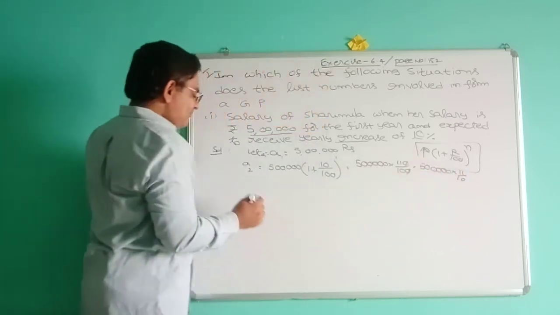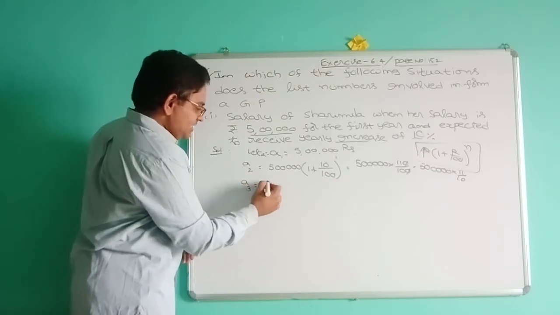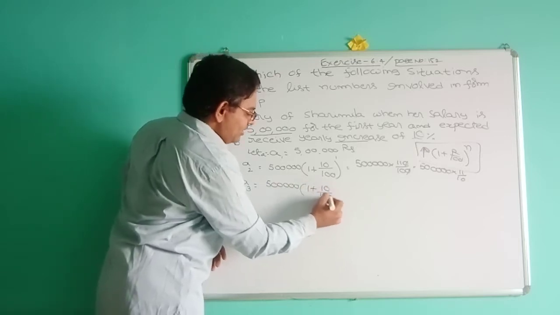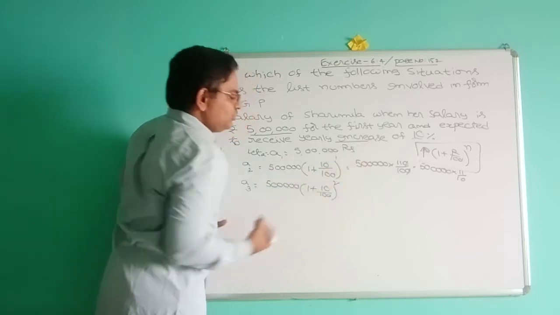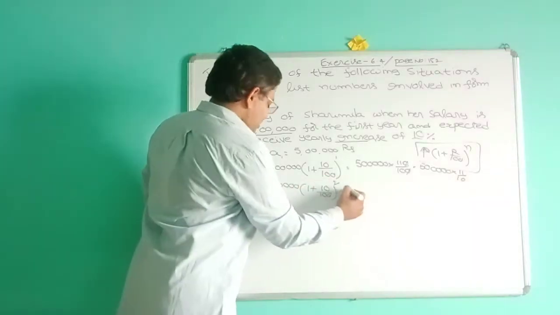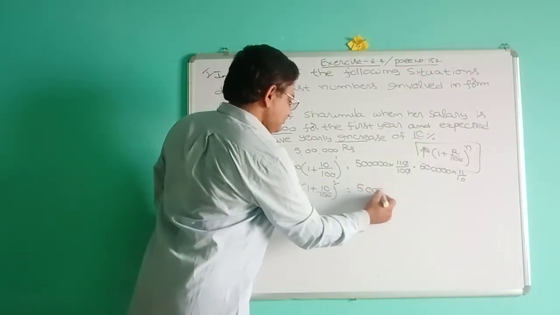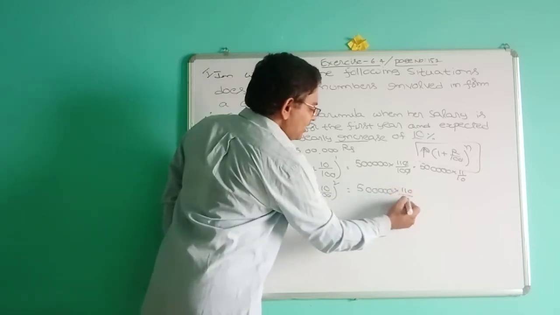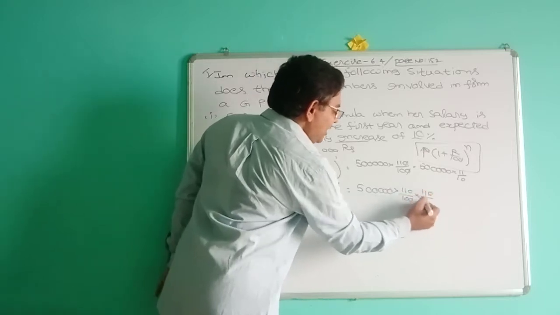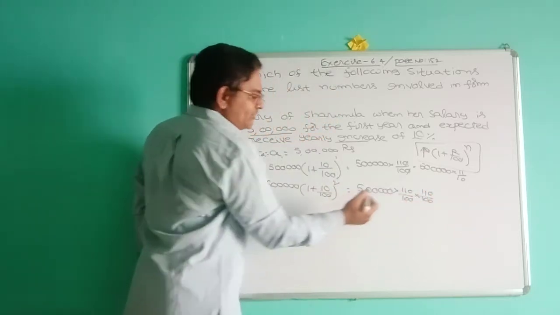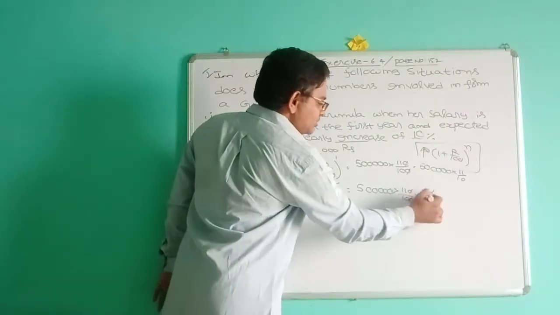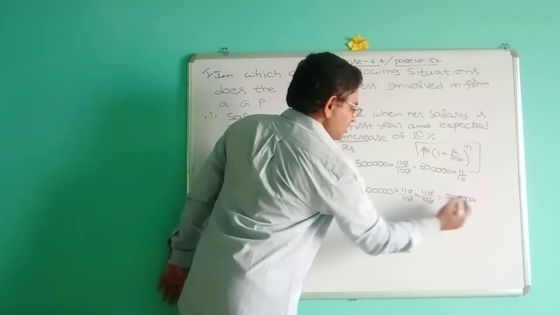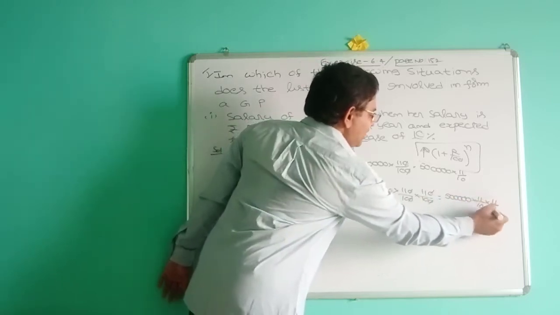Fix it. Suppose you want A3, that is indirectly 1 plus 10 by 100, with 2 years, so you take power 2. That equals 5 lakhs into 11 by 10 into 11 by 10, because of the square. So here cancel the zeros.